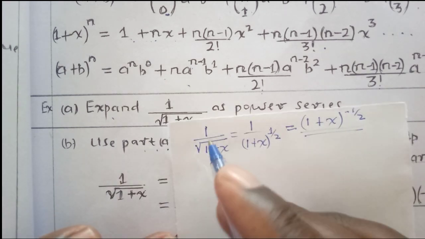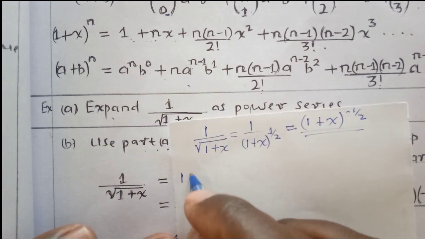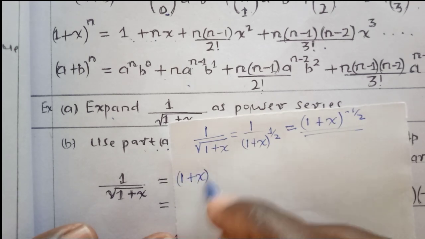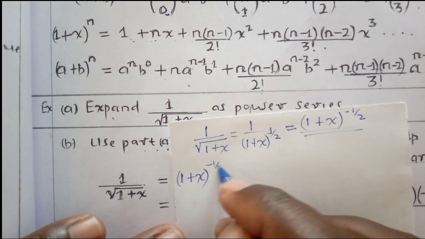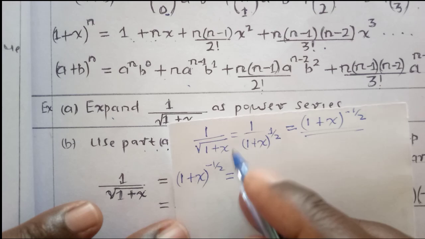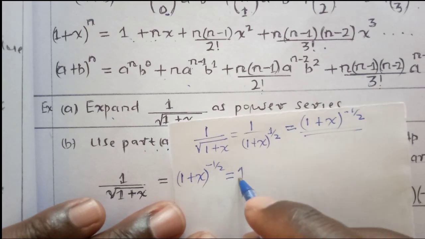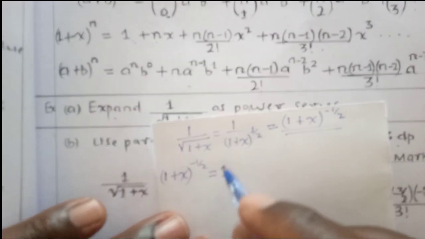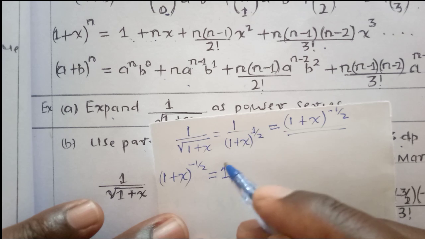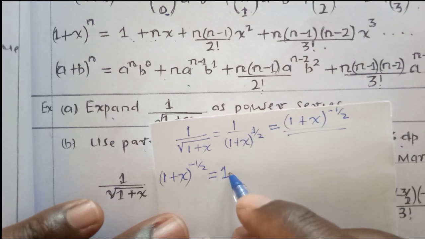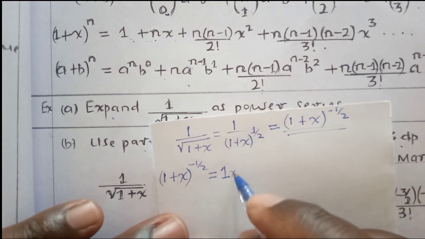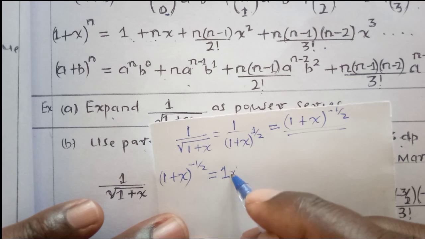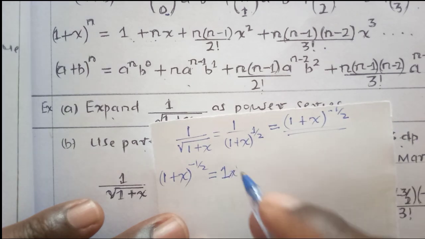How do we expand it? We come here and write (1 plus x) raised to negative a half is equal to 1, because 1 raised to negative a half will still be 1, and then we have x raised to 0, which will still be 1, so we can do away with that.